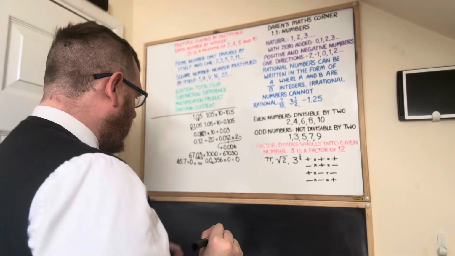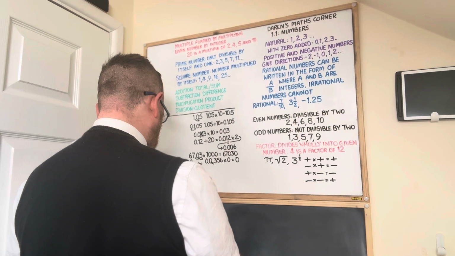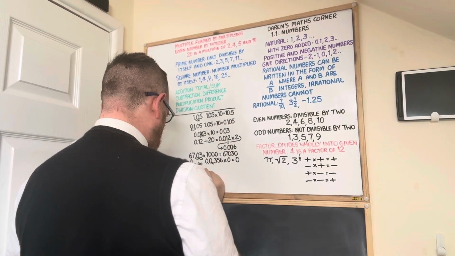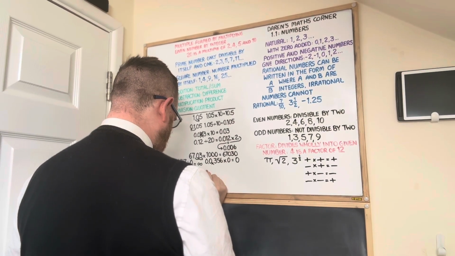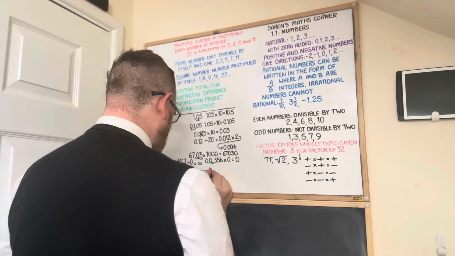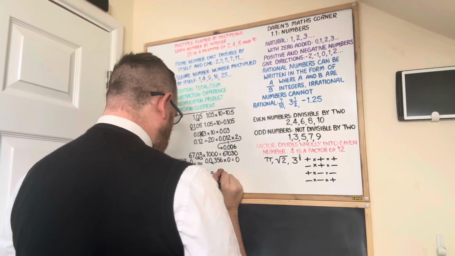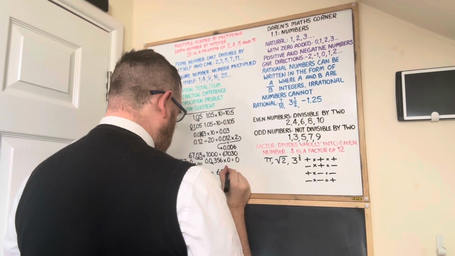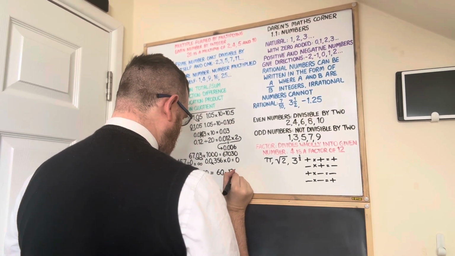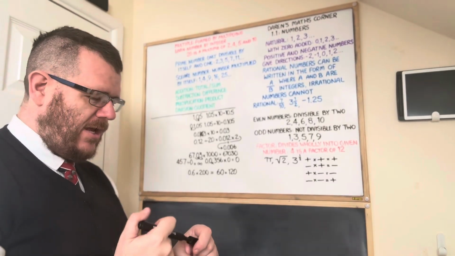And then 0.6 times 200. That's 10, that's 10, 100, 200. So you're working out 60% of 200, essentially.